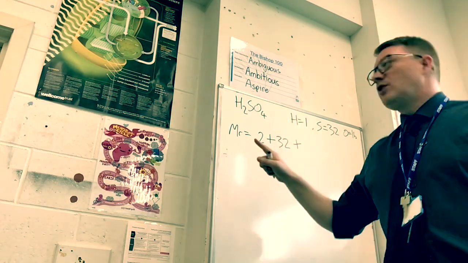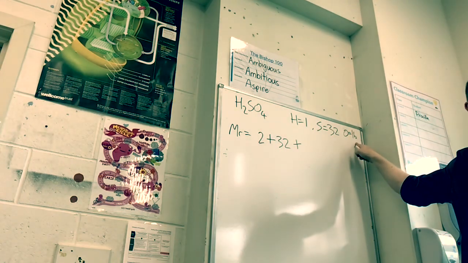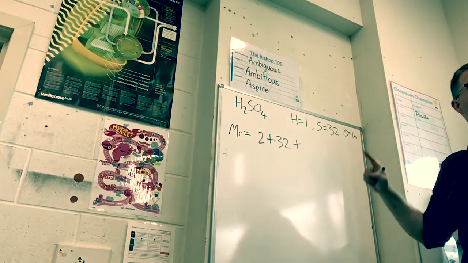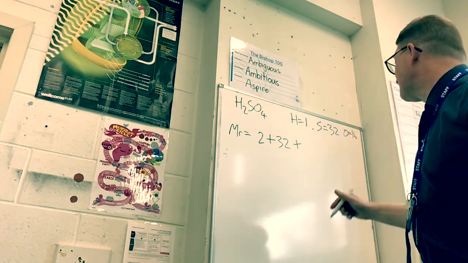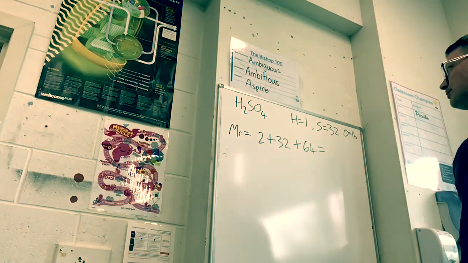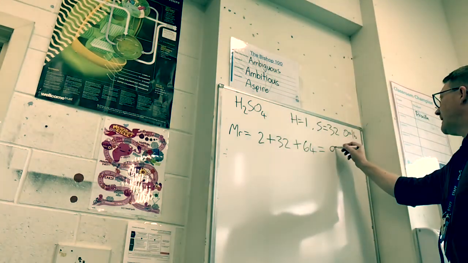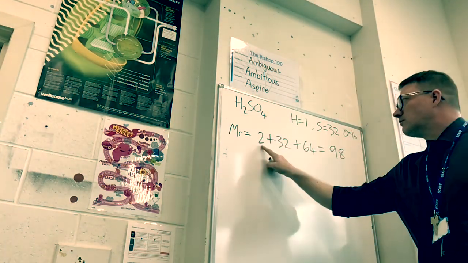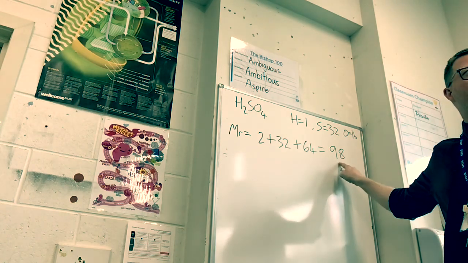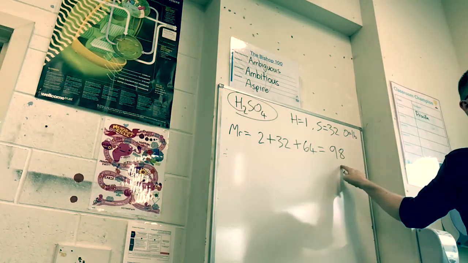Plus, how many oxygens have I got? 4, and each oxygen is worth 16, so I've got 4 lots of 16. 64. Right. So I add all those together, 2 plus 32 plus 64, 98. Right. So that is the total MR for the whole compound. That's what 100% would be.